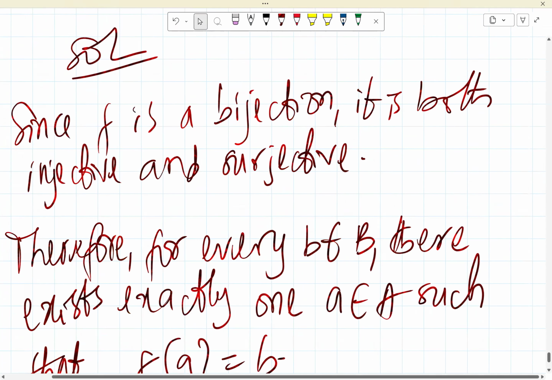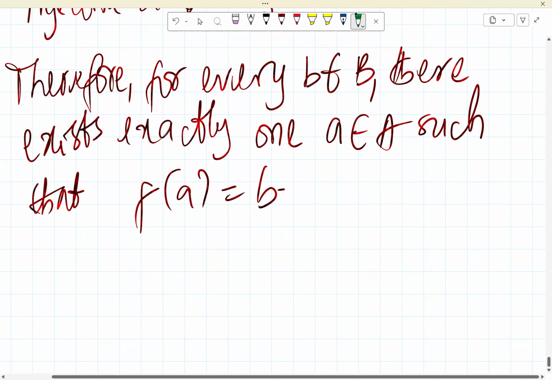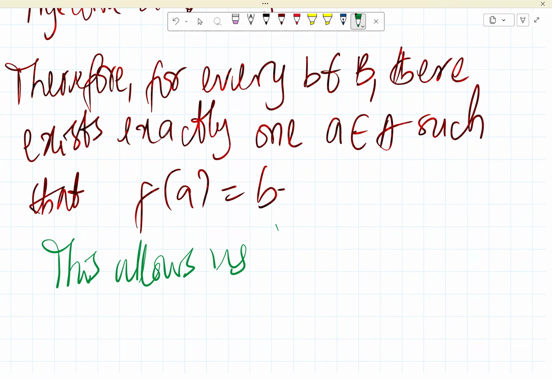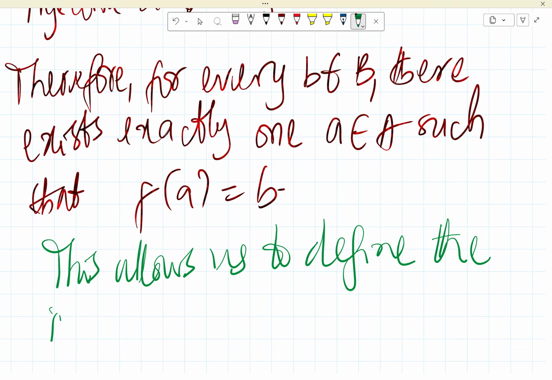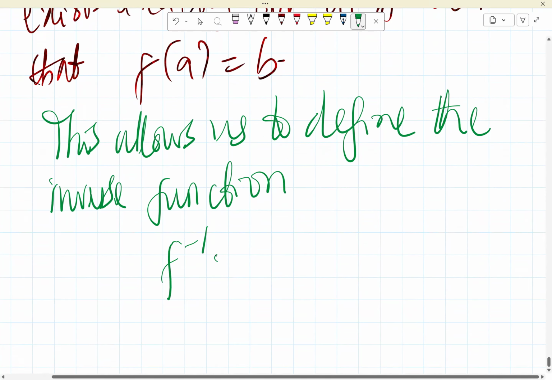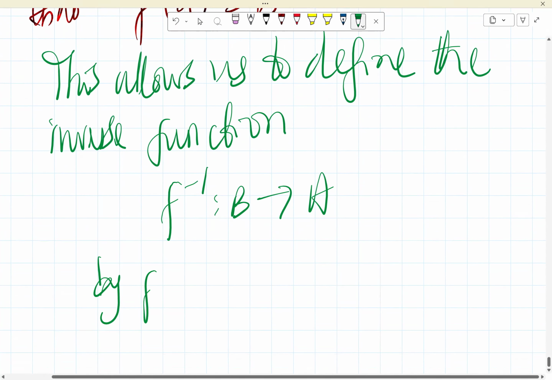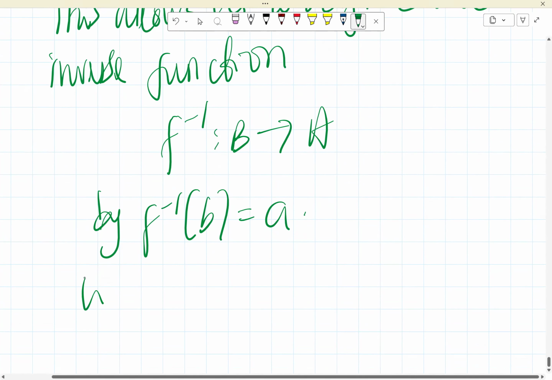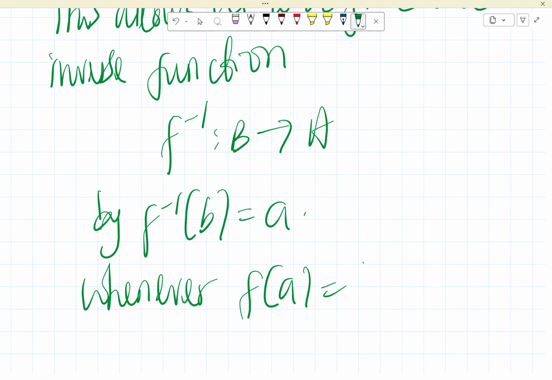So this allows us to define the inverse function, F inverse maps B to A, by F inverse of b equals a whenever F of a is equal to b.